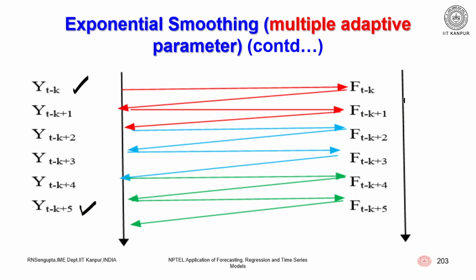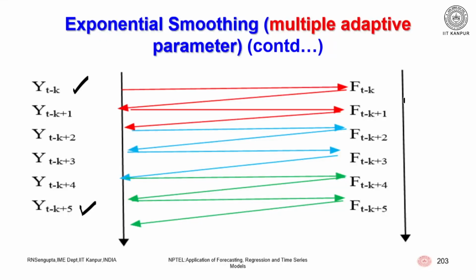Now, why these arrows and different colors? The concept is that you are taking 4 different values to forecast for the t plus 1th time, and the forecast is given by f t plus 1. Hence, the 4 values which are being utilized are multiplied by the corresponding adaptive parameters, which are alpha 1 t, alpha 2 t, alpha 3 t and alpha 4 t.